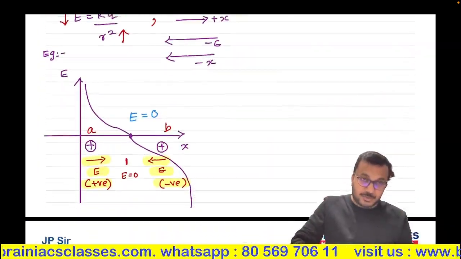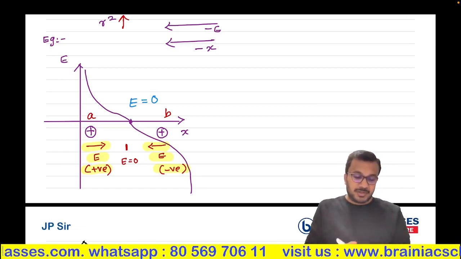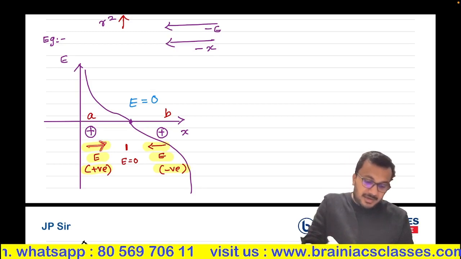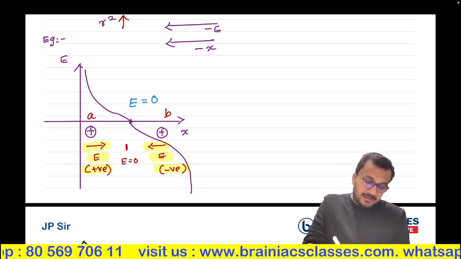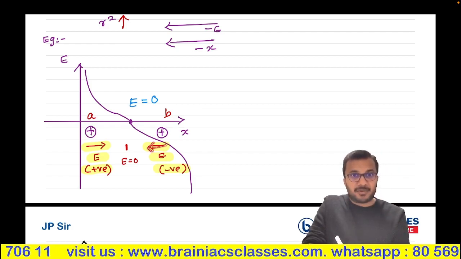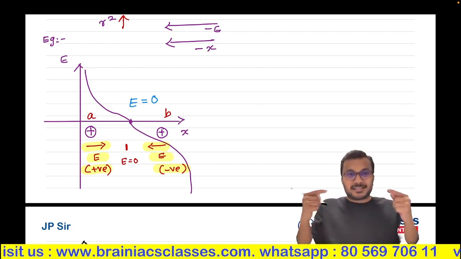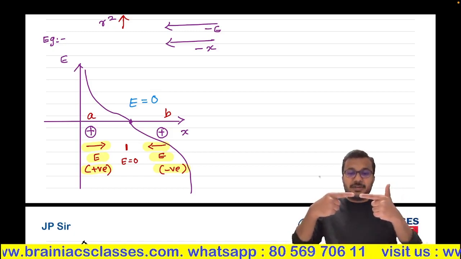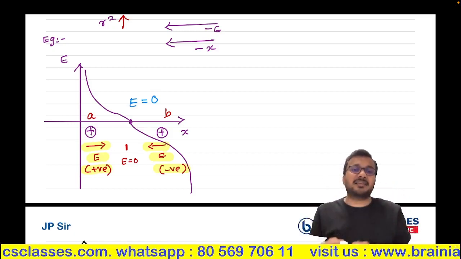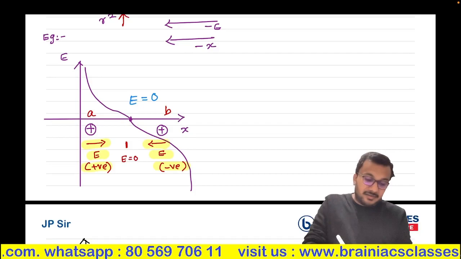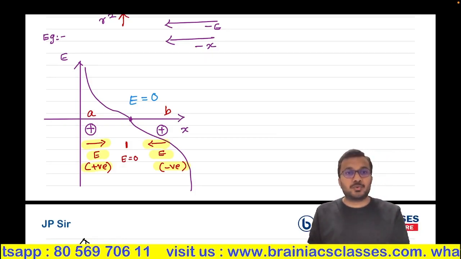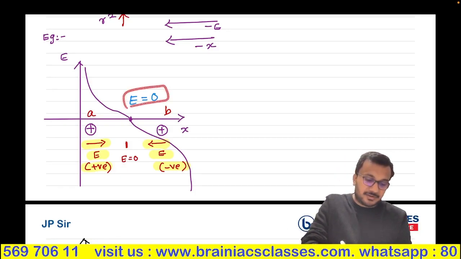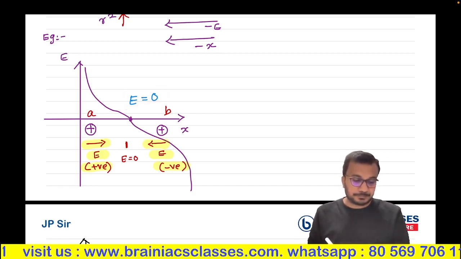So we are interested in what is between them. Now the electric field lines are coming from left to right, and from right to left from the right side. Exactly at the middle, these two field lines are equal and cancel each other, and the electric field becomes equal to 0. This is what I have written here, electric field equal to 0.